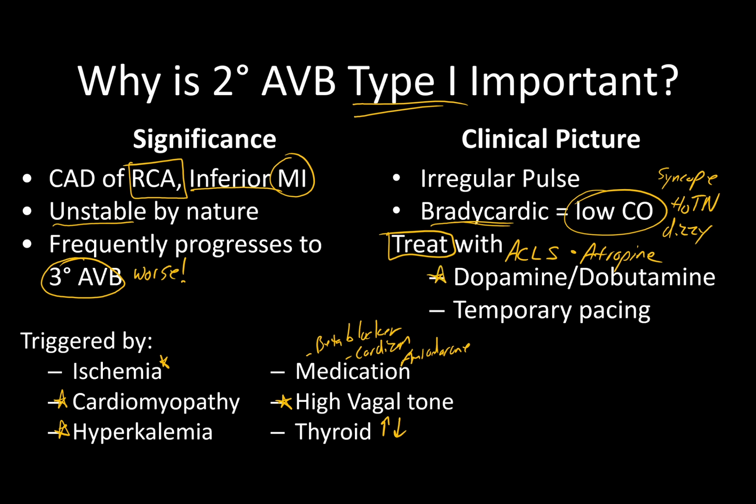If that's not effective or not effective enough, that patient may need temporary pacing, either through the pads, so the ones that are on their chest, or they may have to get a special procedure done where they can get the temporary pacemaking wire placed. So those are the couple of different things that can go on in those scenarios. And that's why it's important, and that's why we focus and hone in on the fact that when this occurs, what are we doing to help guide treatment and help make sure the patient improves.